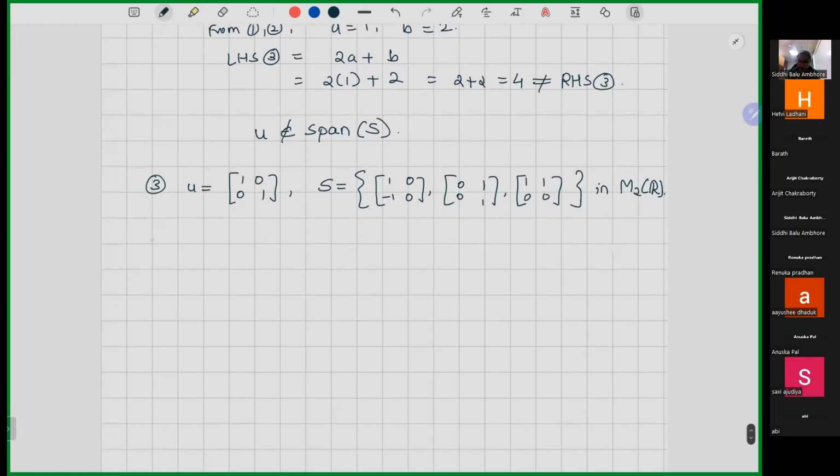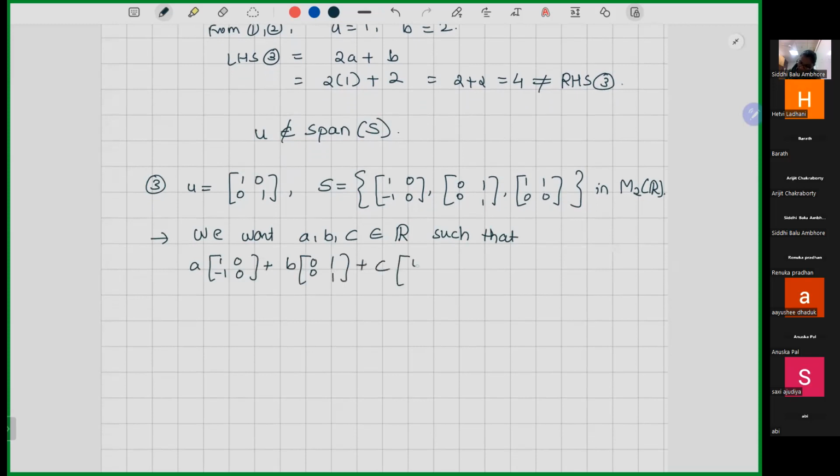So similarly we want to find A, B, C in R such that A into this matrix 1 0 minus 1 0, B into this matrix plus C into this matrix is equal to this or not. Okay, we want to check this.